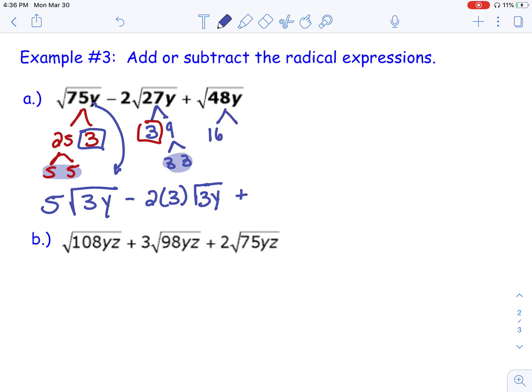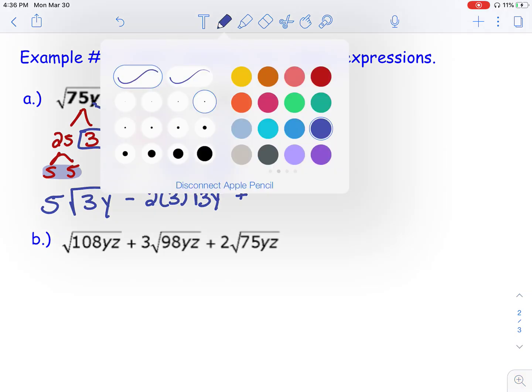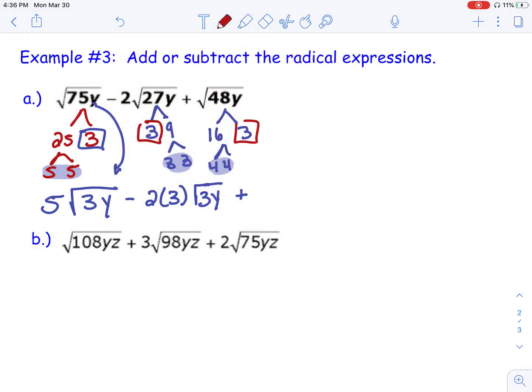And lastly, 48 is really 16 times 3. 16 is just 4 and 4, so I have a pair of 4's here. I have to leave the 3 underneath. Take out my 4 because of the perfect square, leave my 3 underneath, and I still have that y.